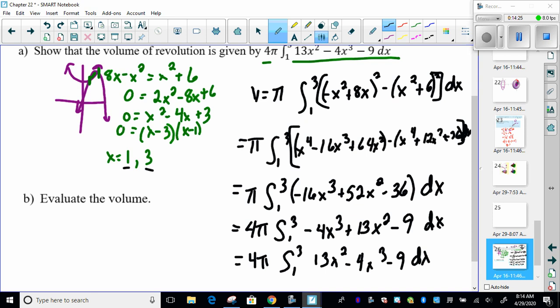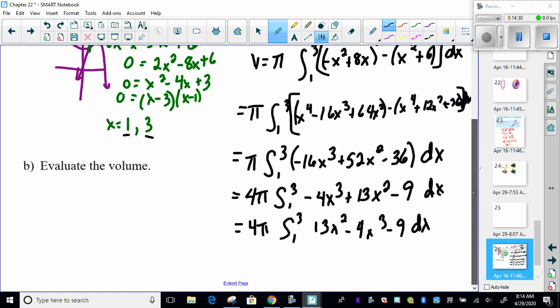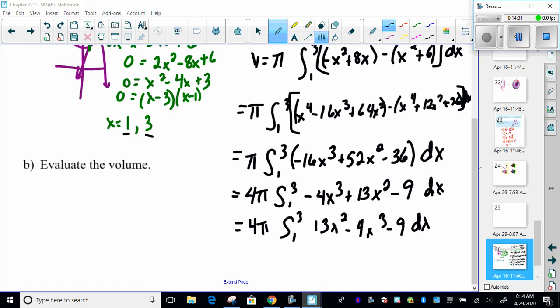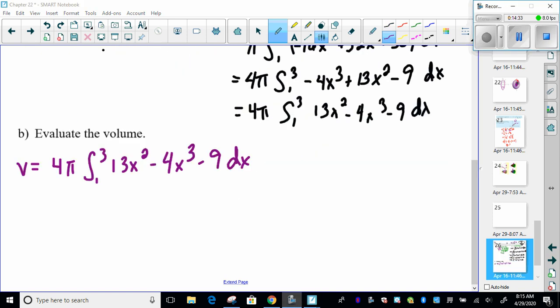Okay. Now I have to evaluate this. In order to evaluate this, I need to evaluate the integral. So this gives me 13x cubed over 3 minus 4x to the 4th over 4 minus 9x.